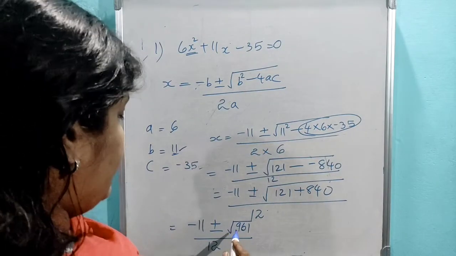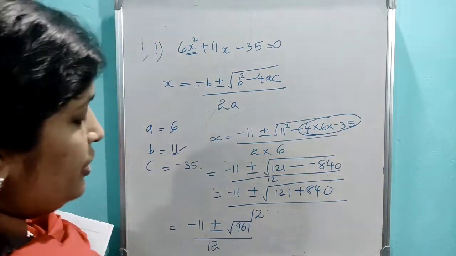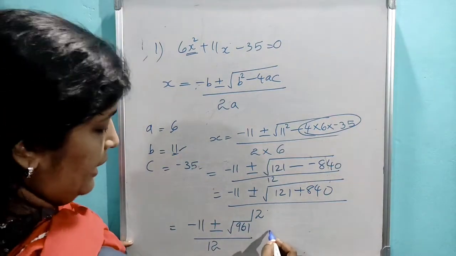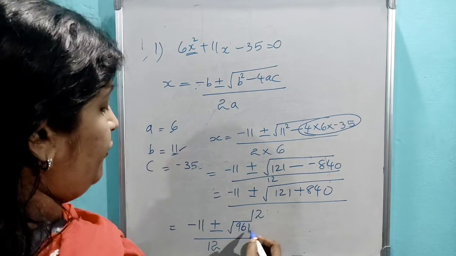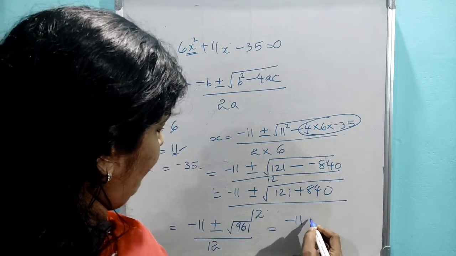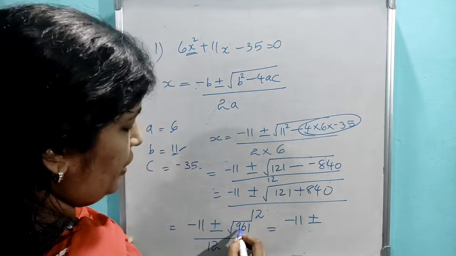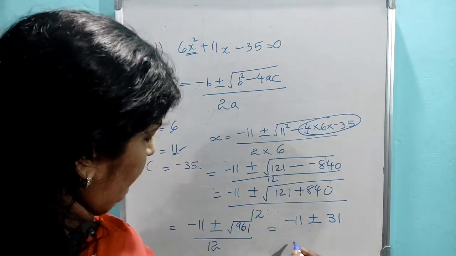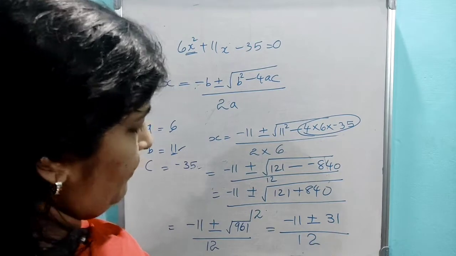We know that the square root of 961 is 31. So we have minus 11 plus or minus 31 divided by 12.